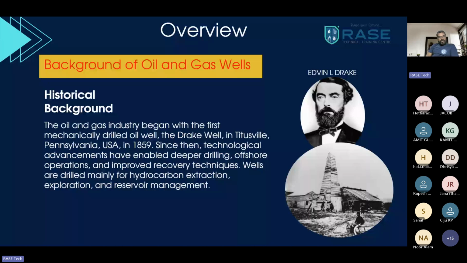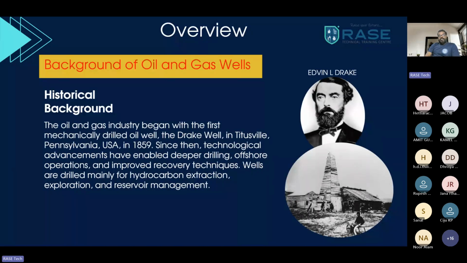Since then, technological advancements have enabled deeper drilling, offshore operations, and improved recovery techniques. Wells are drilled mainly for hydrocarbon extraction, hydrocarbon meaning oil and gas, as well as exploration and reservoir management. Reservoir means where the hydrocarbon is accumulated. So this is the historical background of the oil and gas industry.